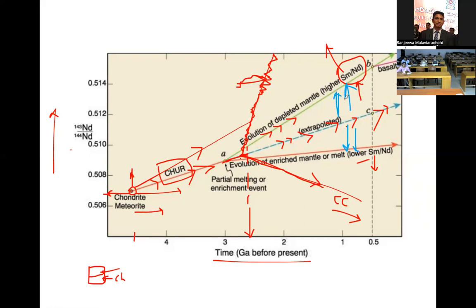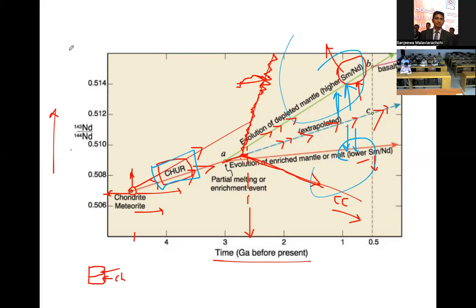All right. So with respect to this chondritic uniform reservoir, we can compare our crustal rocks here and our mantle rocks here.